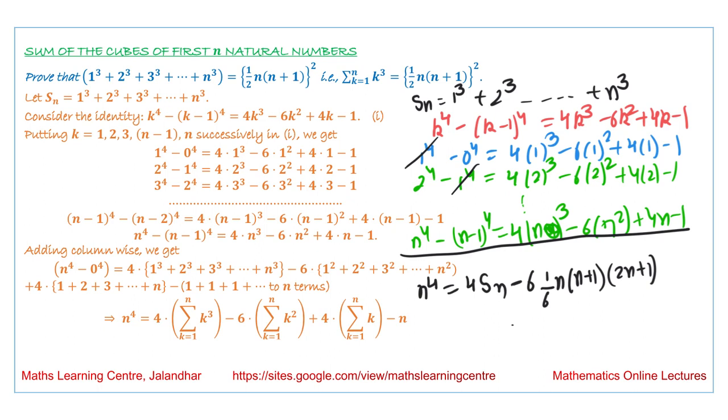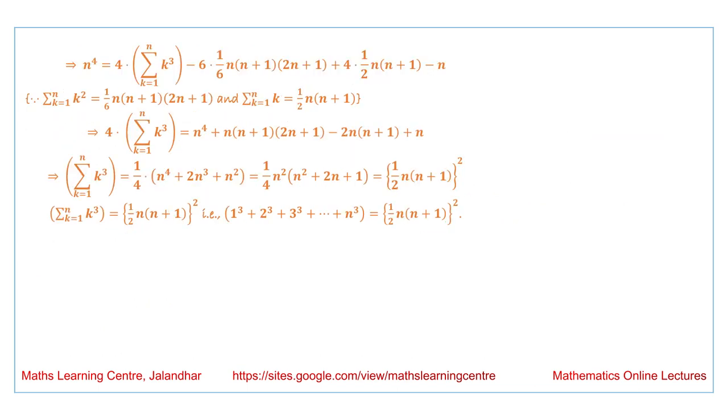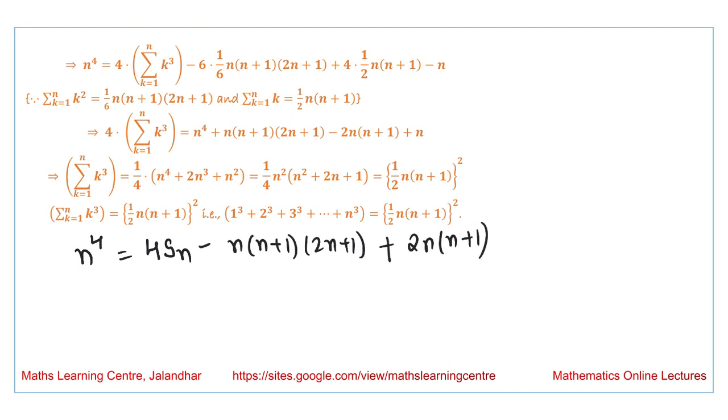Then plus 4 into the sum of these terms, it is n by 2 into n plus 1, and last it is minus n. So what we have obtained is n raised to the power 4 equals 4 times Sn minus n into n plus 1 into 2n plus 1, then plus 2n into n plus 1, and the last term is minus n.